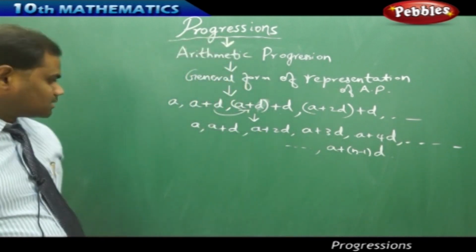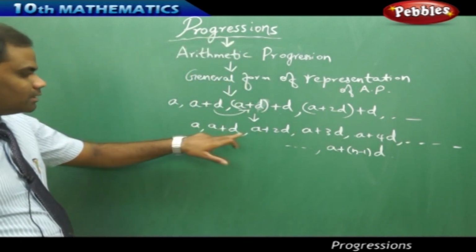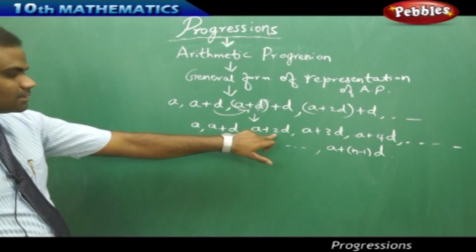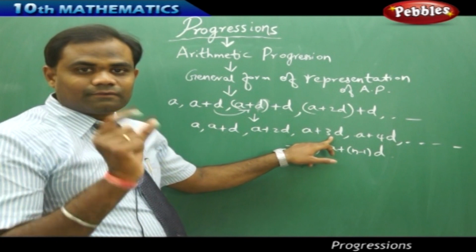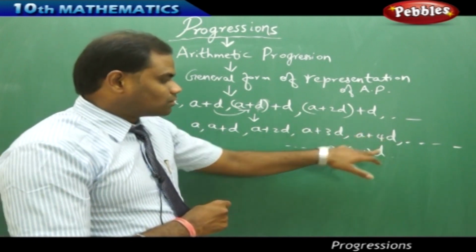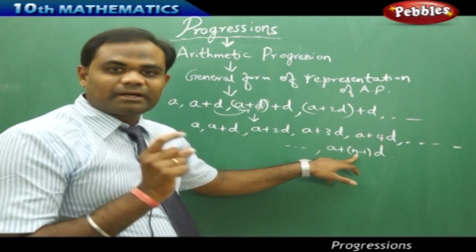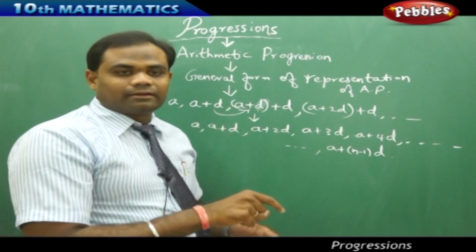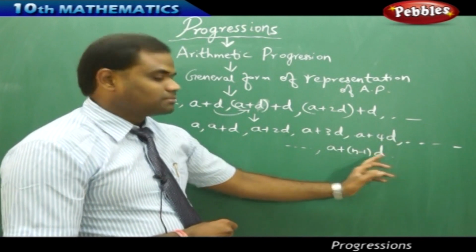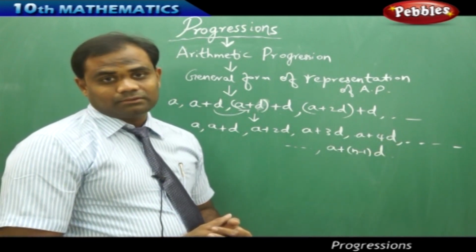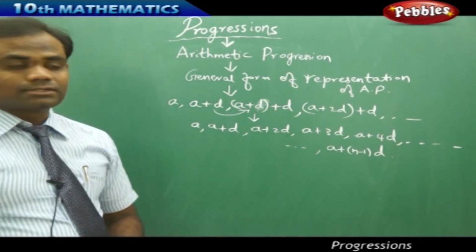The reason being that my second term has 1d, my third term has 2d, 1 less than 3, my fourth term has 3d, 1 less than 4, my fifth term has 4d, so my nth term has n minus 1, 1 less than n. Therefore, my nth term would be a plus n minus 1 times d, following the pattern, is how we get this general form.